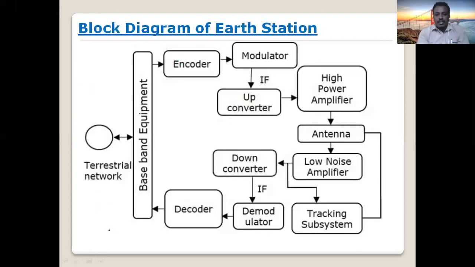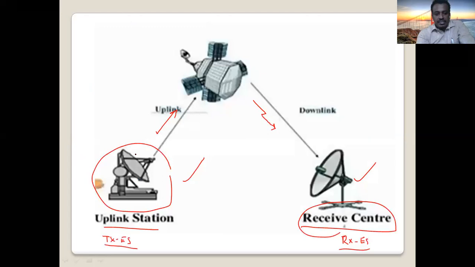But generally, an Earth station looks like this. In this case, this Earth station is used to transmit and receive simultaneously. We may have an Earth station designed only for transmission, which will not receive, or designed only for receiving.